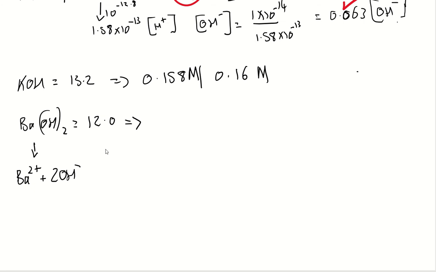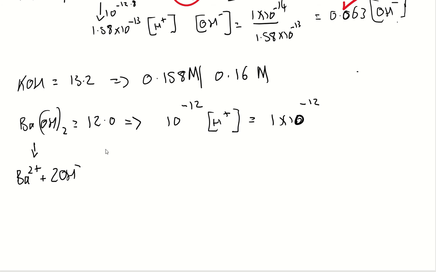So once again, we want to take 10 to the minus 12, because that gives me my hydrogen ion concentration, which comes out at 1 times 10 to the minus 12.